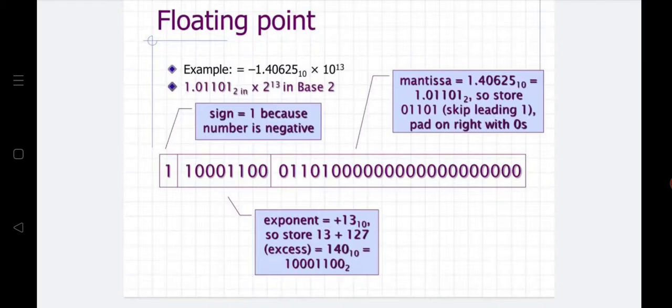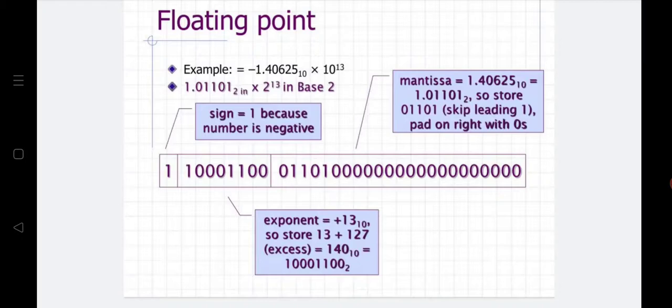Next comes the exponent part. In the exponent, what is the value I have? 13, which is a decimal number. As I told you in the previous steps, I need to add 127 to my exponent. So 13 plus 127 is 140. Now I express this 140 in binary. You know how to convert a decimal number into binary, and that binary value goes into the exponent.